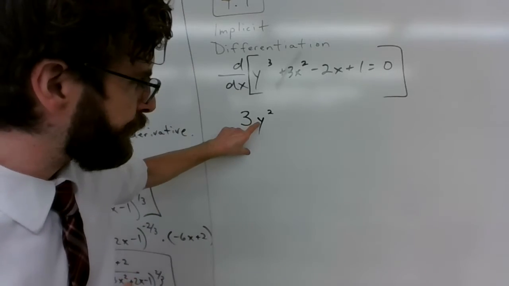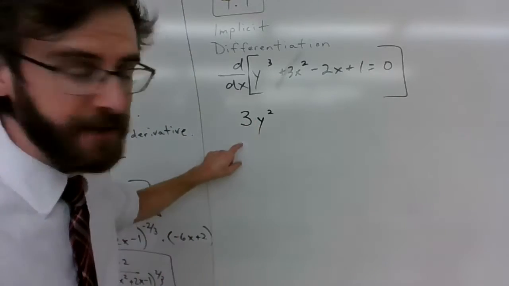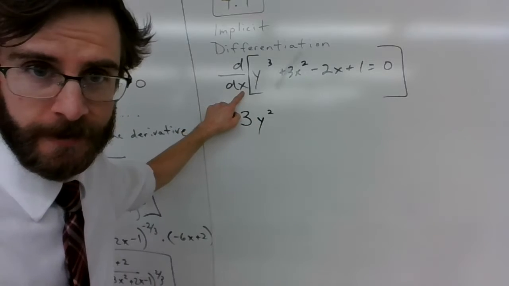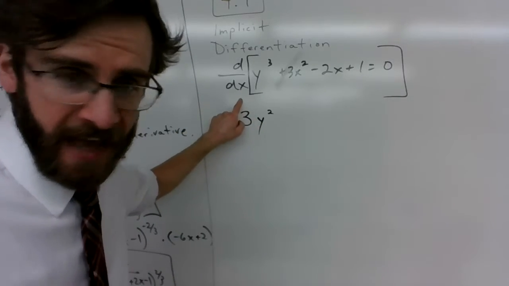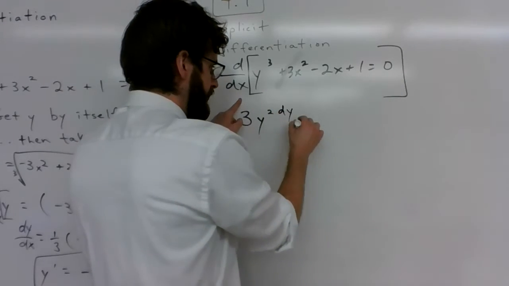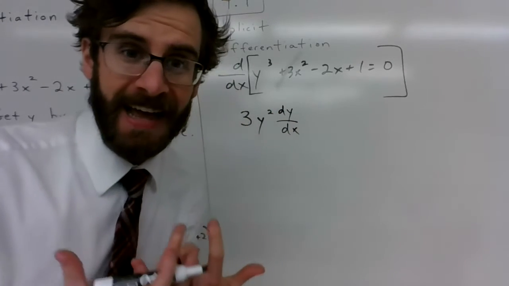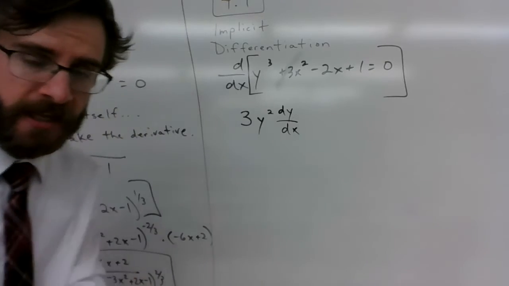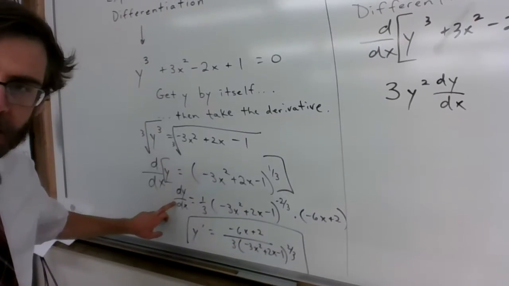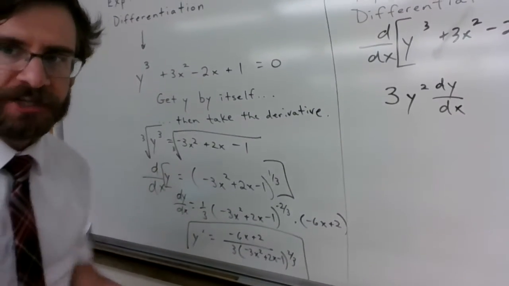Now I take the derivative of the inside with respect to x. So the derivative of y with respect to x can be written as dy dx, which is our derivative. That's the thing we isolated when we did explicit differentiation.